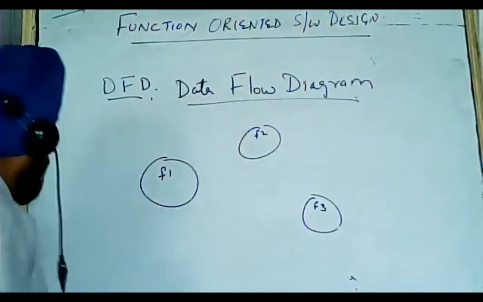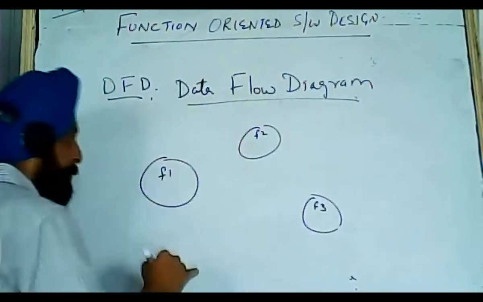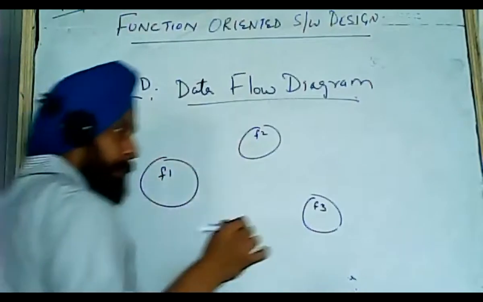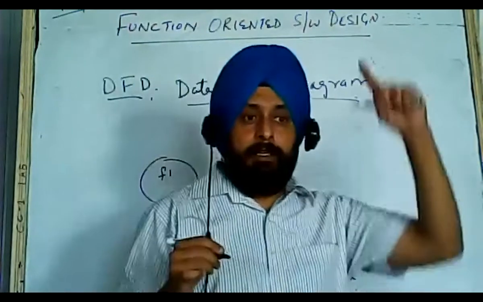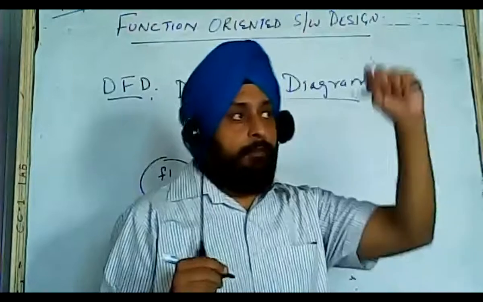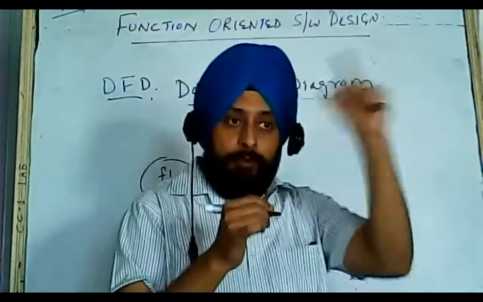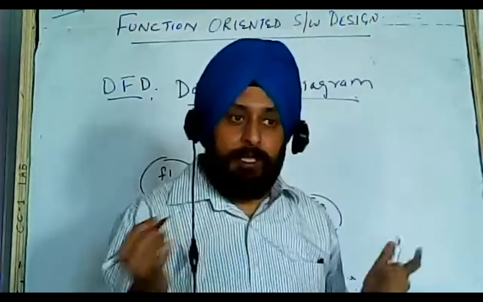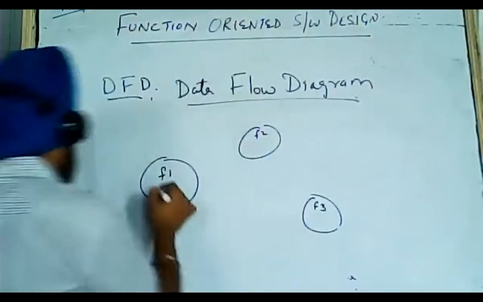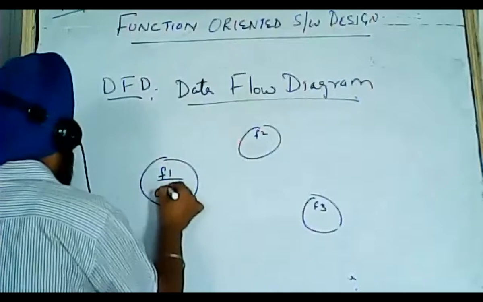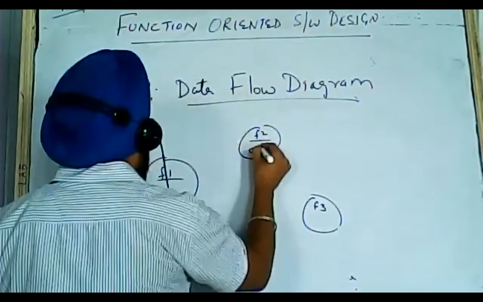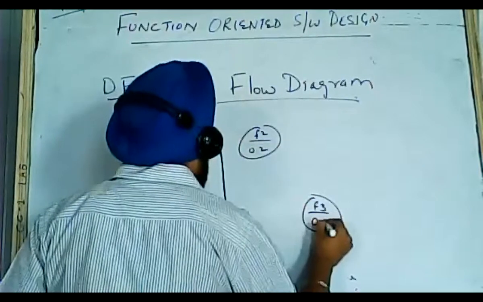Clear? Now this is your system's first function. Your system was represented in level 0 DFD, and we write in the function the 0. But now that level 0 function is divided into 3 functions. So these will be numbered as 0.1, 0.2, and 0.3.